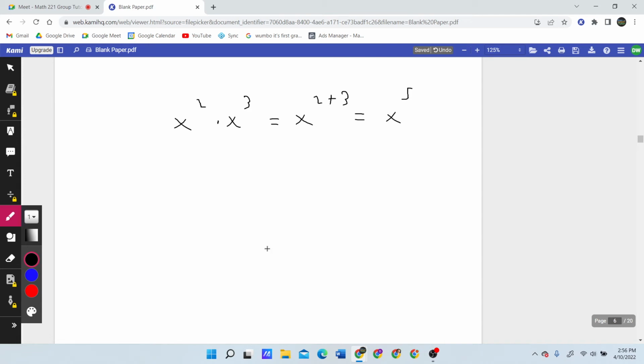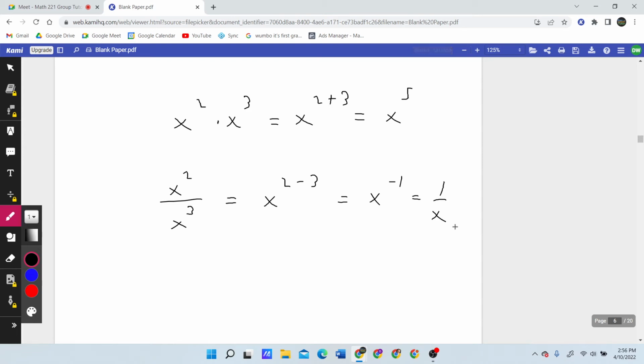Now, similarly, if I have division, if I have x squared divided by x cubed, whenever I have some division, it's going to become subtraction. So x to the second minus third power. That would leave me with x to the negative first power. If I wanted to, I could even rewrite that as 1 over x. I don't think it matters too much. Both would be accepted.